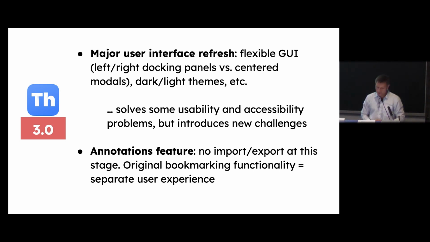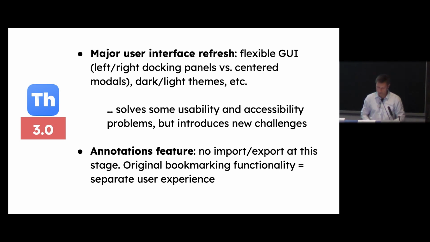Secondly, we introduced an annotation feature. Now, at this stage, in 3.0, there was no data import or export, so it was quite limited in its usefulness. Also, our original bookmarking functionality remained a separate user experience, whereas, as you'll see, we've sort of harmonized that in later versions.